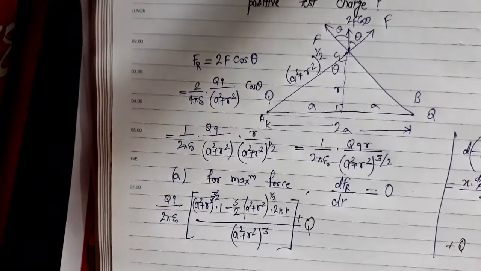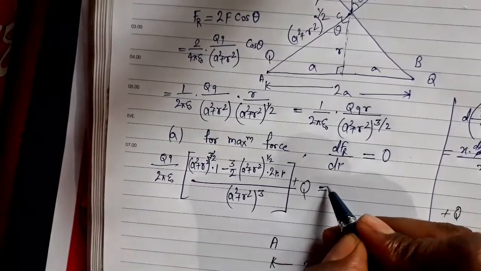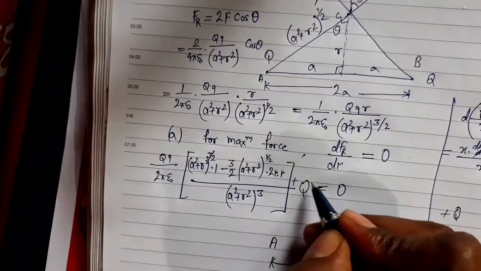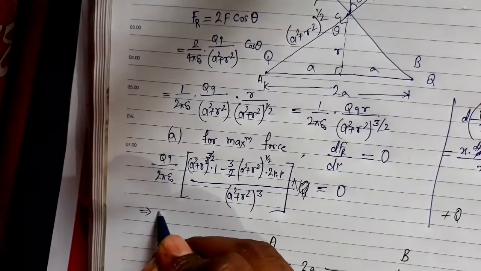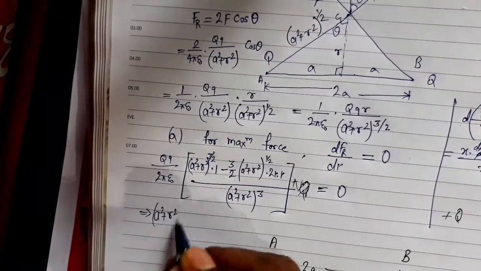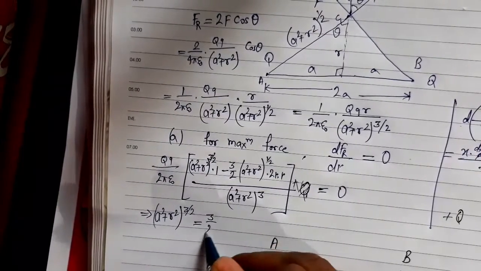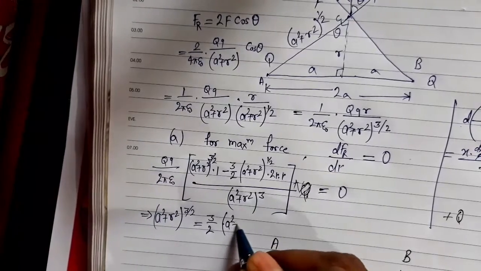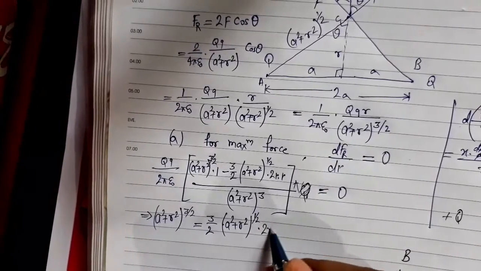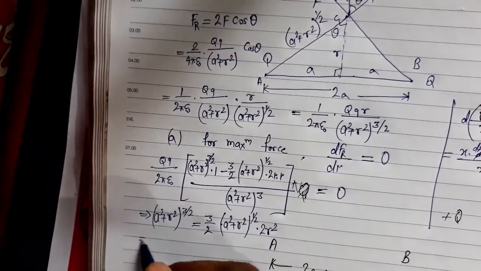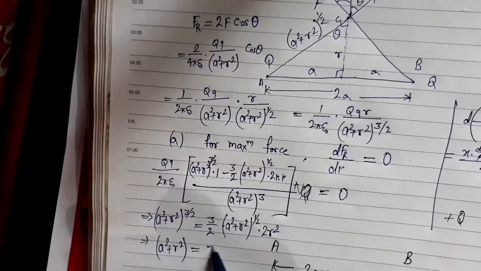Next, we equate this value to 0. So we have a square plus r square to the power 3 by 2 equal to 3 by 2 into a square plus r square to the power 1 by 2 into 2r square. The next step gives a square plus r square equal to 3r square.